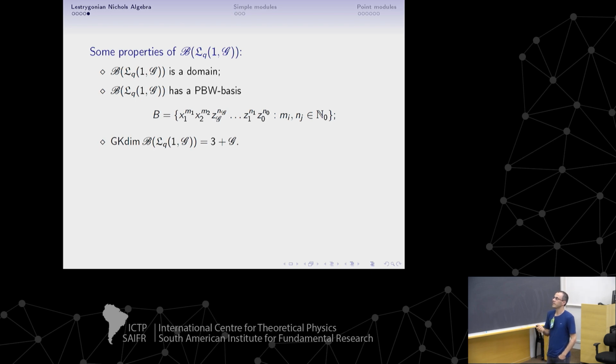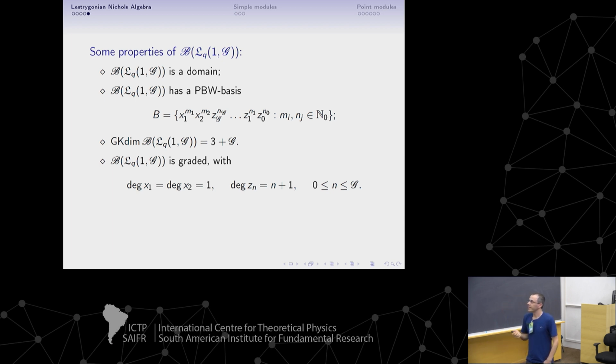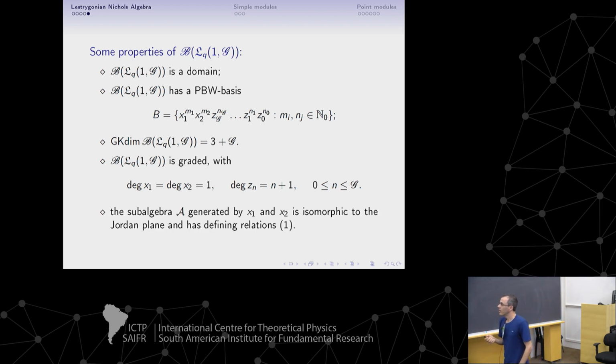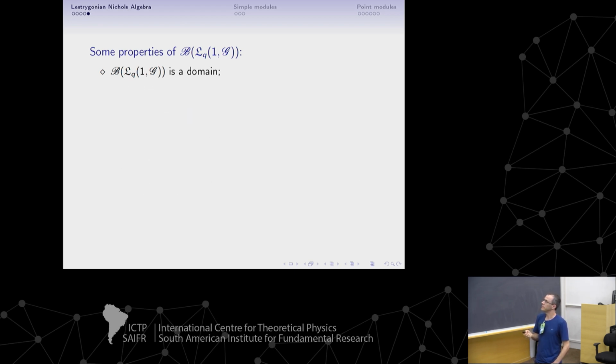Consequently, we have the Gelfand-Kirillov dimension, which is equal to 3 plus G. It is graded. The elements x1, x2, and x3 have degree 1, and the others are given by this formula. Another thing is that the subalgebra generated by x1 and x2 is isomorphic to the Jordan plane because of this relation.